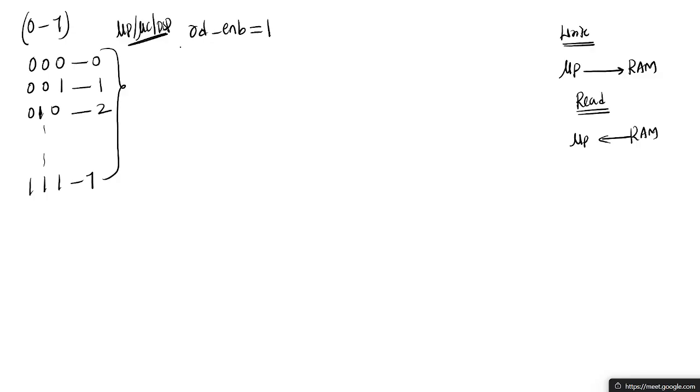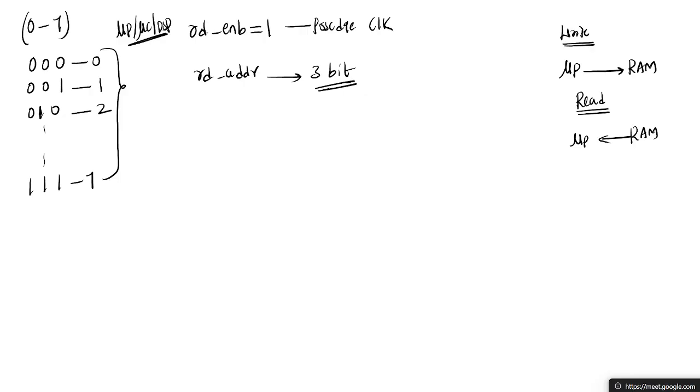For the read operation, you need to make read enable equal to 1 during the passage of clock. After that you provide the read address, the address from where you want to read the data. This is 3 bits.